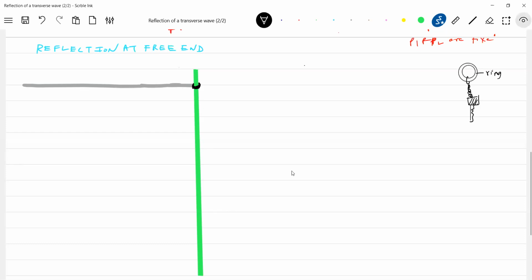Such a ring is what I considered here. This is a key. Okay, this will be a ring, no? So the ring will be of this particular shape. Such a ring is what you can take here, no?